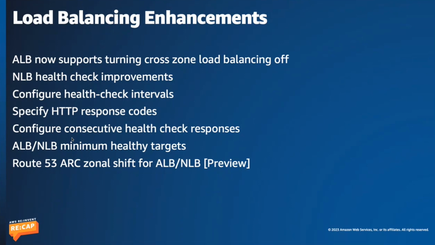Now application load balancer supports turning cross-zone load balancing off for a specific zone isolation. There are some improvements when it comes to network load balancer configurability and things like that.